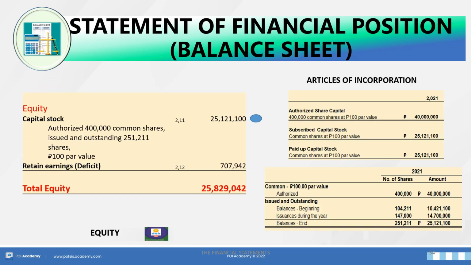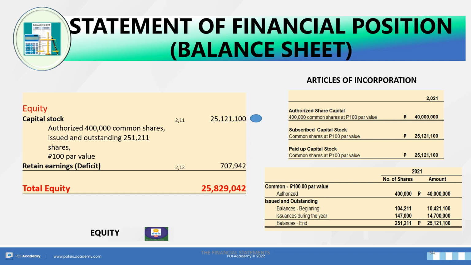Now, our last account title on the statement of financial position portion is the total equity. In our example, it is the capital stock that is subscribed and paid up and the retained earnings, which is 25,829,042 total equity, from a breakdown of 25,121,100 capital stock and 707,942 retained earnings.